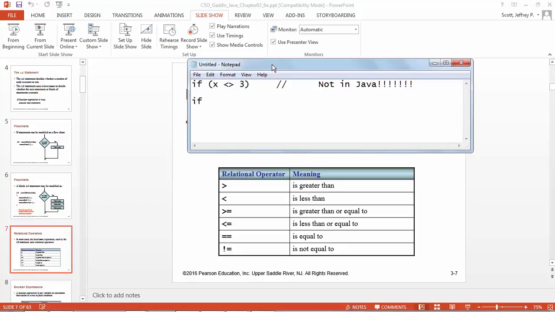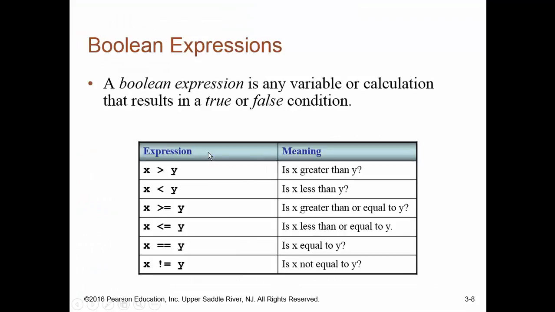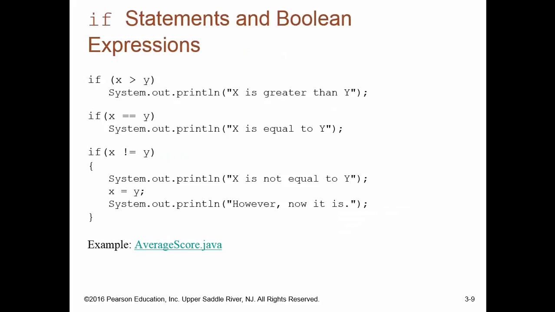In Java you have to say if x != 3. Okay, in Java. And it's not equal, not minus, not equal. There you go. So these are your 6 relational operators. Okay? Here are some examples, but I just went over one, which I think hopefully makes sense.